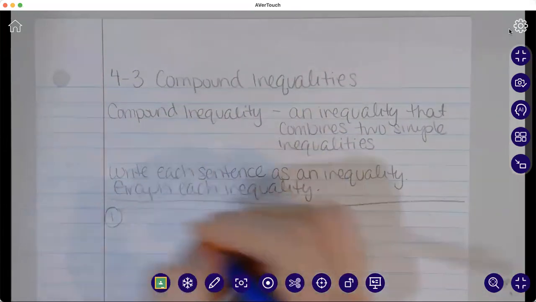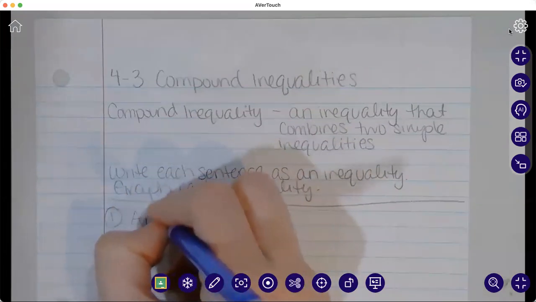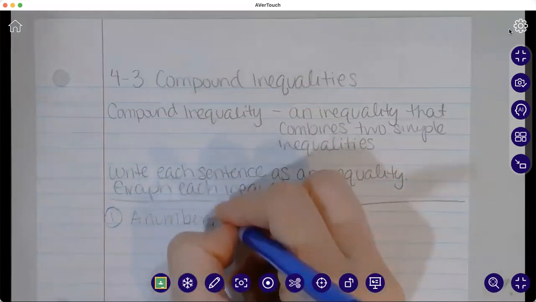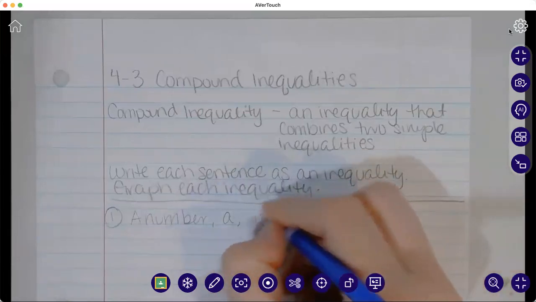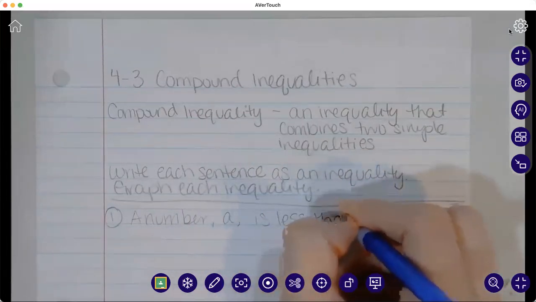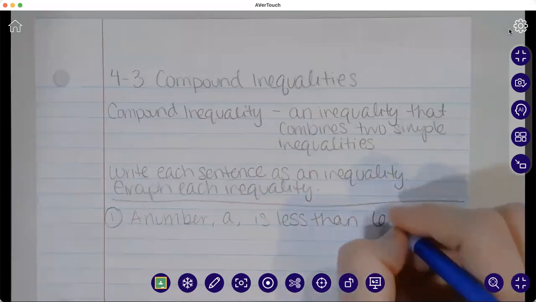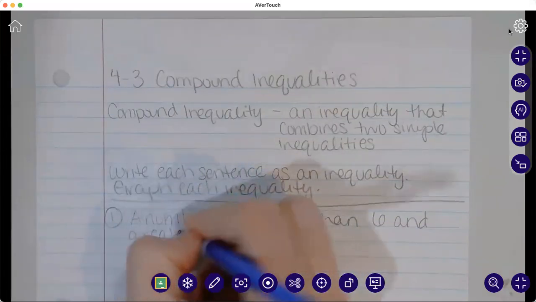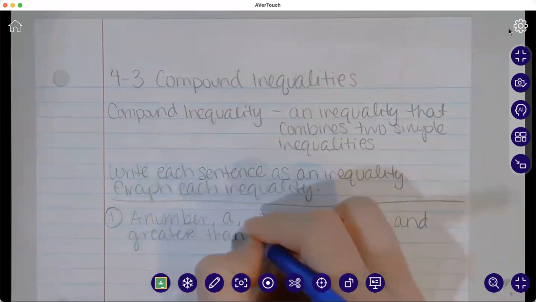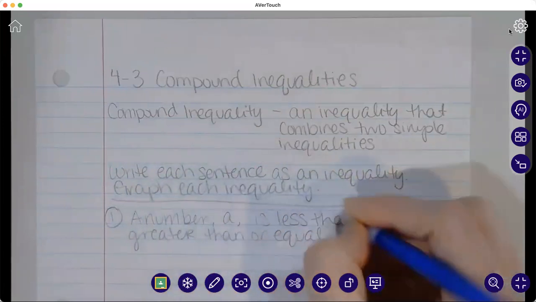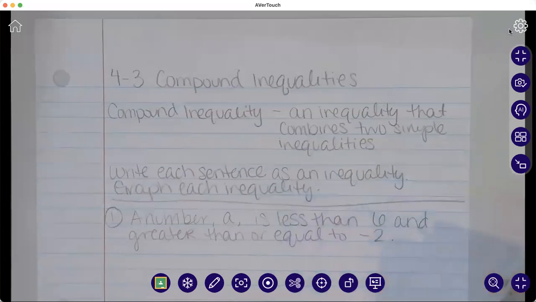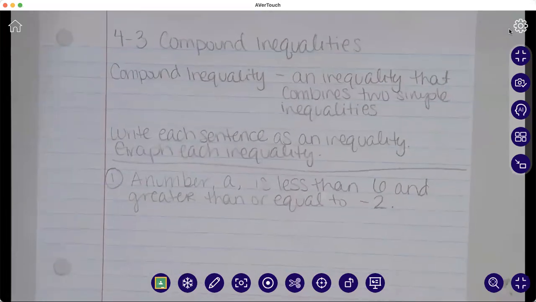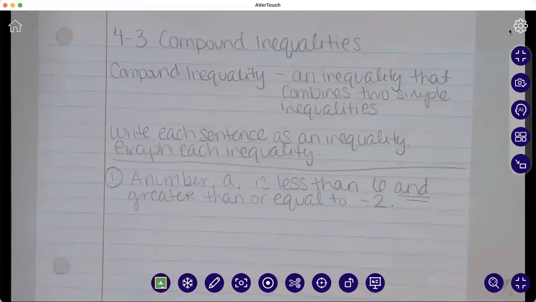So number one, a number A is less than 6 and greater than or equal to -2. A number A is less than 6 and greater than or equal to -2.